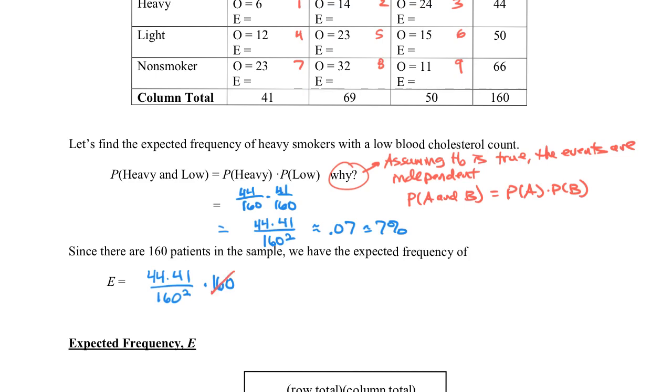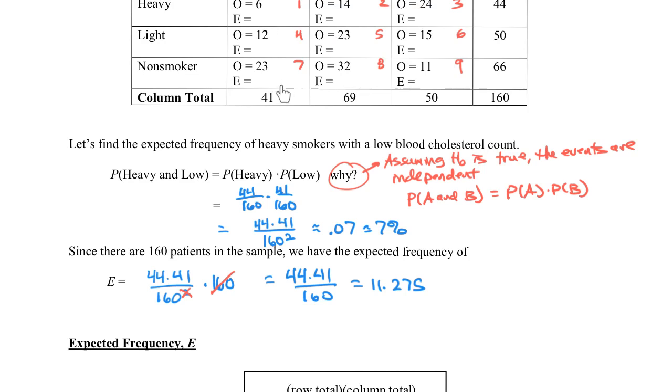That 160 will cancel with one of those, and we end up with 44 times 41 over 160, or 11.275. But the important part is to notice how we got this. If you look at this, 44, 41, and 160. Well, 44, looking up here, that's the heavy row.